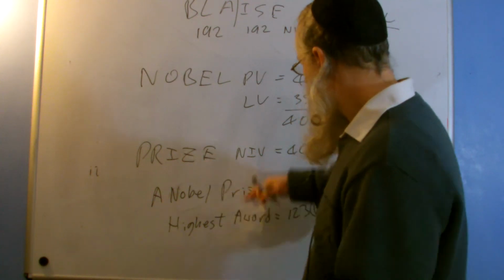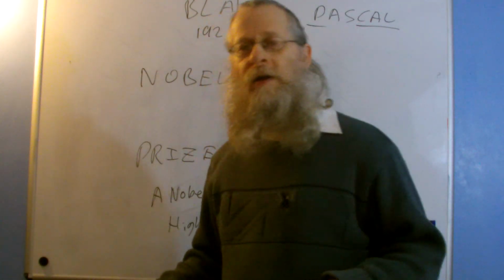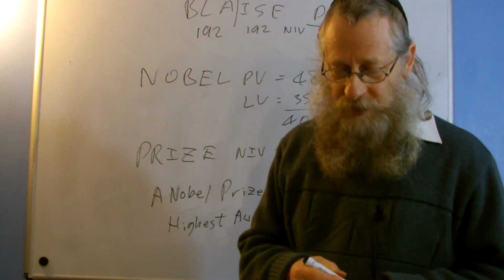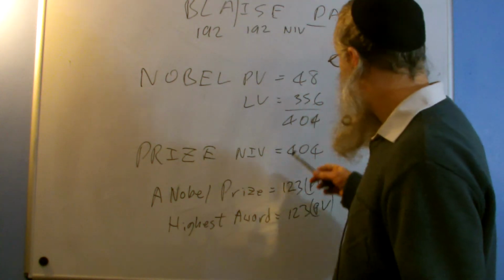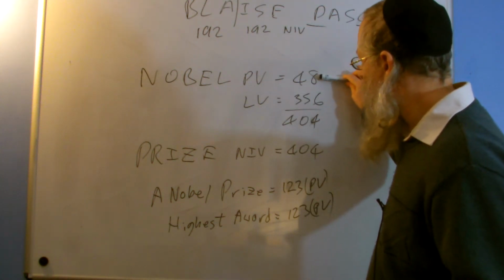Again, we're using different permutations of the four main gematria systems that I've introduced you to, and the placement value is not mine. I take no credit for that. That's been around for a while.